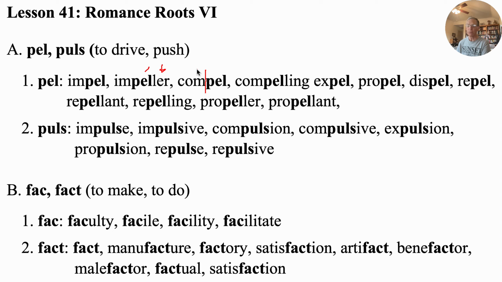Then we have compel. Again, we got that chameleon prefix in front of the P. It's going to happen a lot here. When you compel somebody, like I said, I want you to go to town with me, and you compel them to go, you force them or make them go. Now we add ing and have compelling.